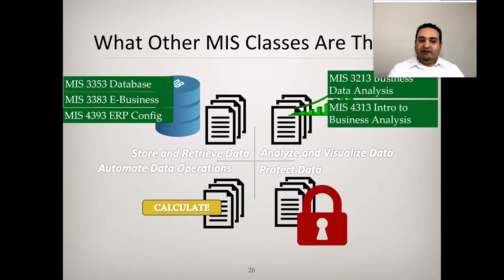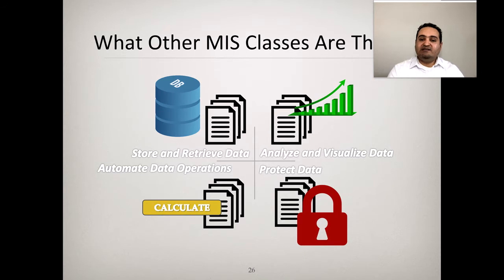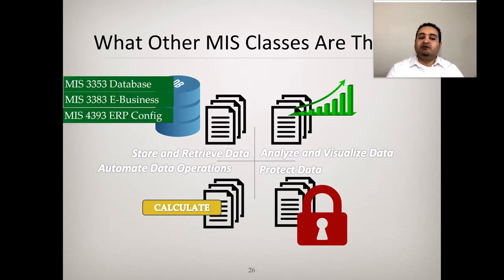We have learned about other classes that you might take if you decided to major or minor in MIS. In terms of storing and retrieving data, there is a more advanced database course, an e-business course, and an enterprise resource planning course, or SAP. Those are really in-demand courses.